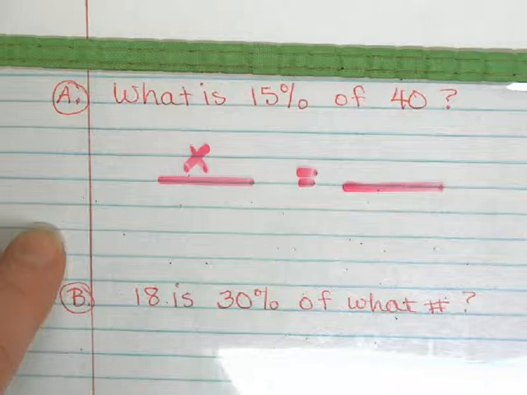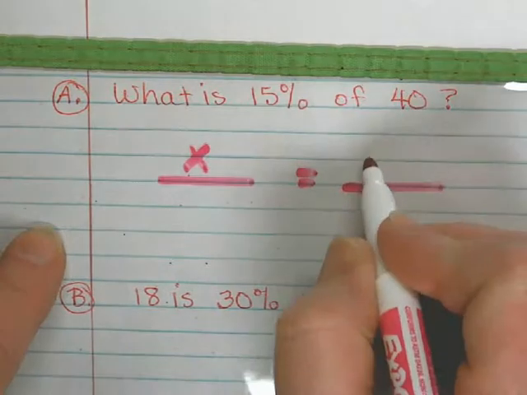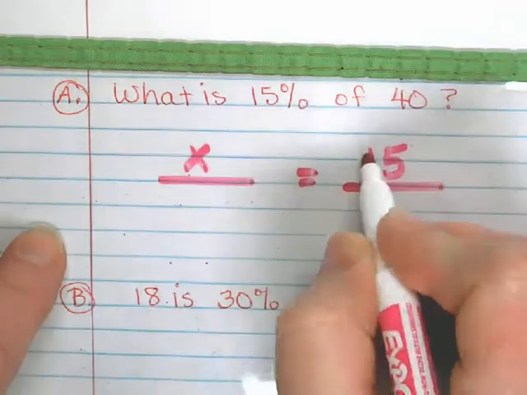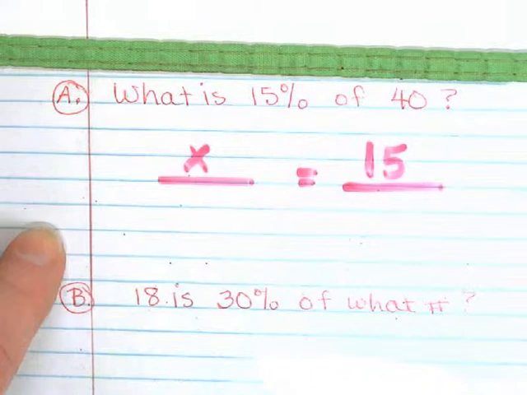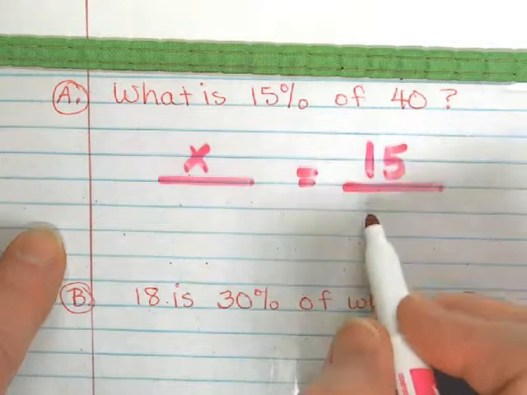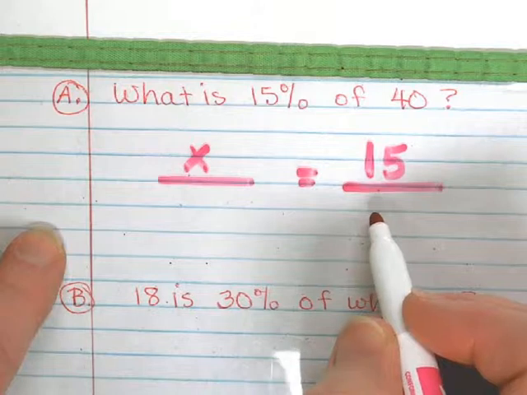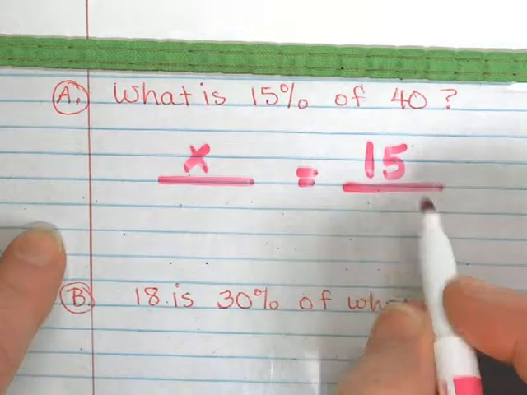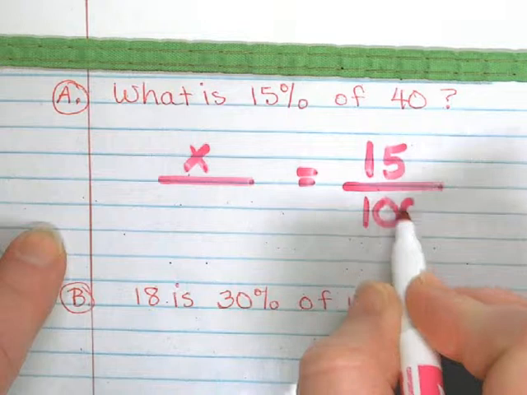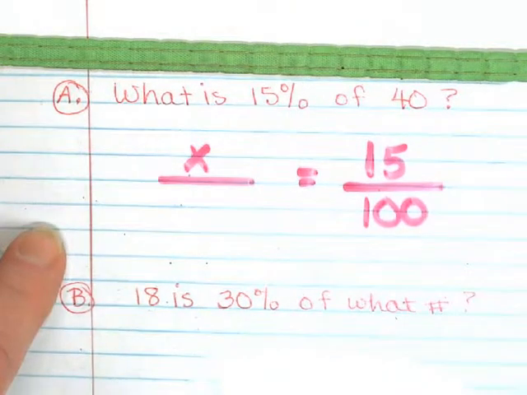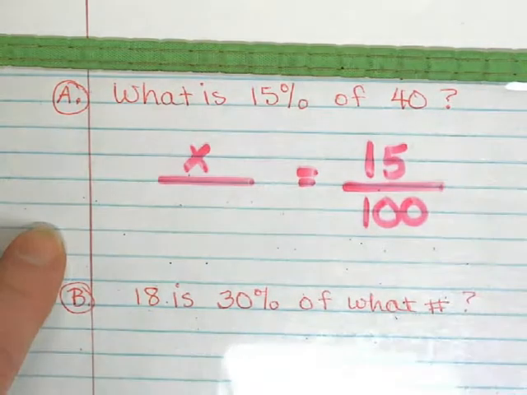But you know what? I do see the percent sign. Where should I put that 15? Across from it, I'm going to put the 15 right here. I'm going to get rid of the percent sign. And what do you suppose goes underneath 15? 100, right? We will always put 100 under the percent sign. That's how we get rid of the percent sign.